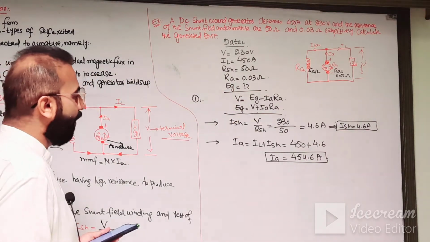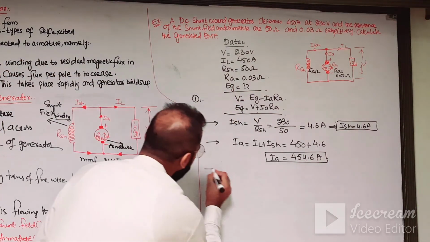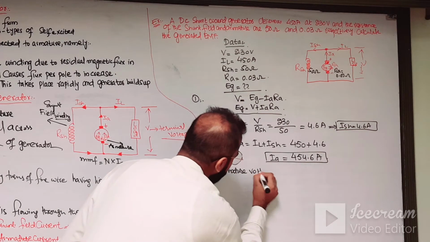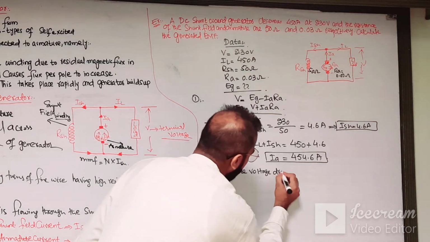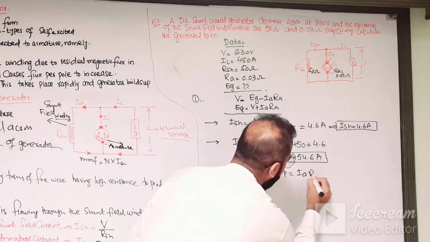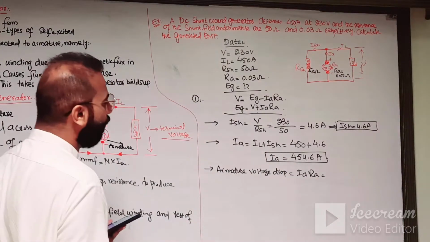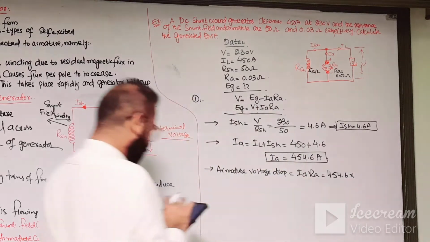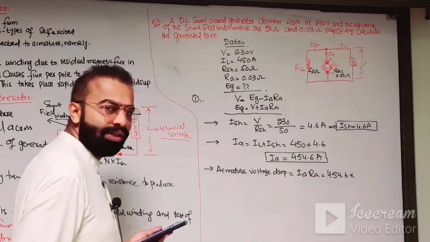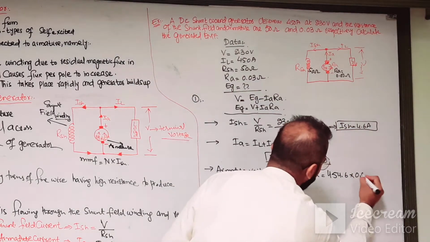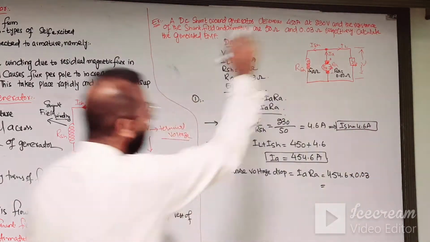Now we can easily find the armature voltage drop. Armature voltage drop is equal to IA RA. What is the value of IA? 454.6, multiplied by the resistance of the armature, which is 0.03 ohm.